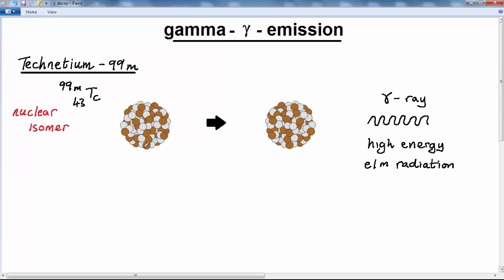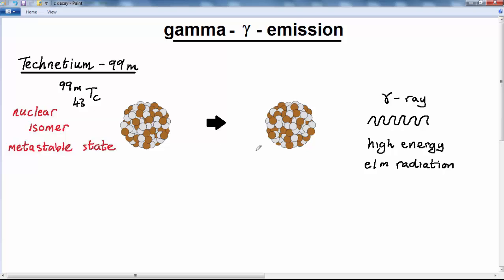Okay, so we can talk about isomers of radioactive isotopes which have the same number of neutrons and protons but with different energy levels. Okay, so this M stands for metastable state. That's a big word which means that it has a higher energy level.